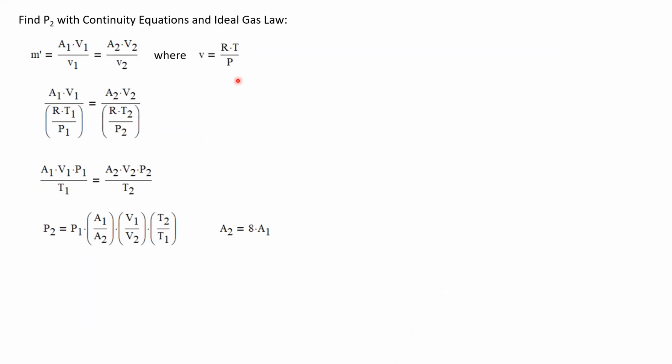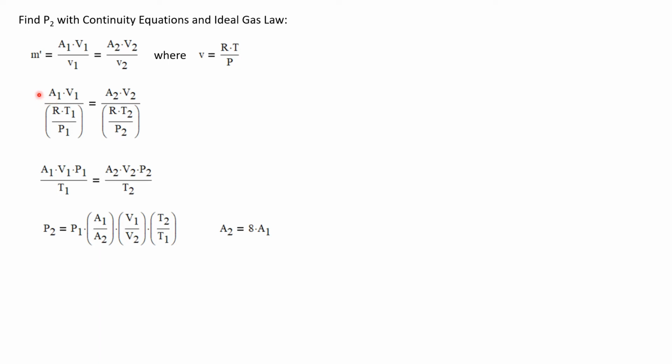Let's begin with the continuity equation. We know that the mass flow rate is the area times the velocity divided by the specific volume. And we know that that is true at both the inlet and the exit. So these terms are equivalent. We also know for an ideal gas, specific volume is given by the gas constant times the temperature divided by the pressure. Let's substitute RT over P for specific volume in this mass flow rate ratio.